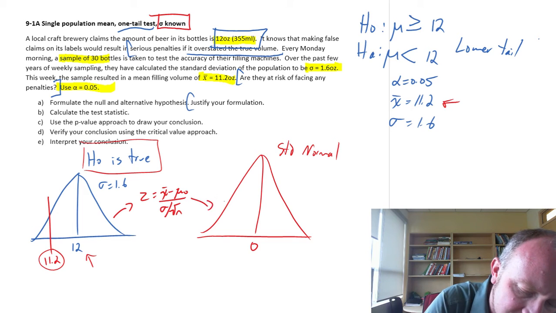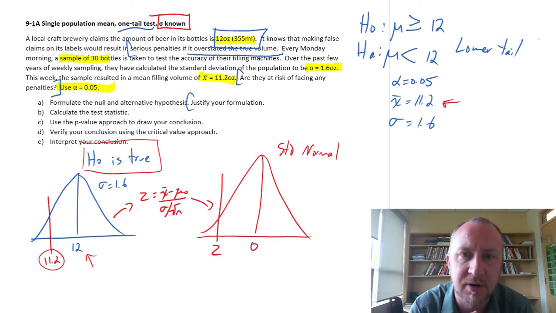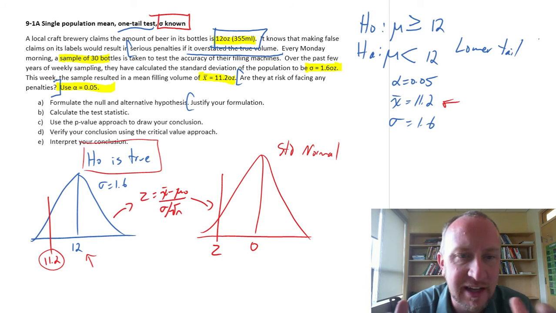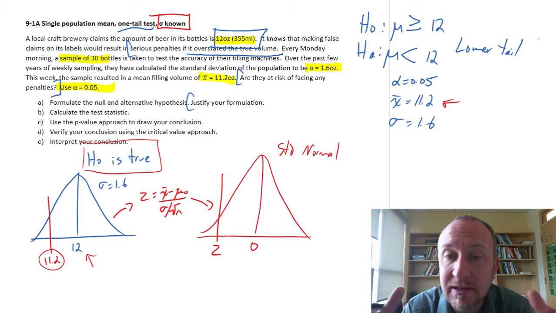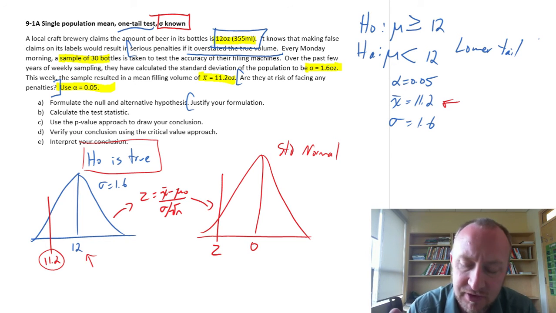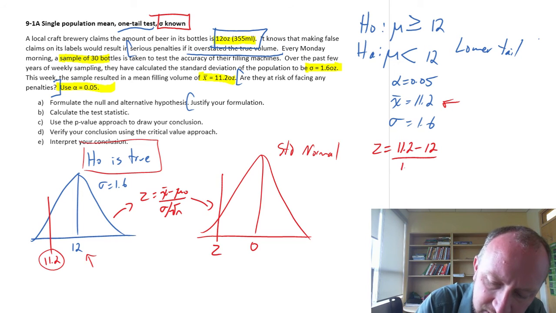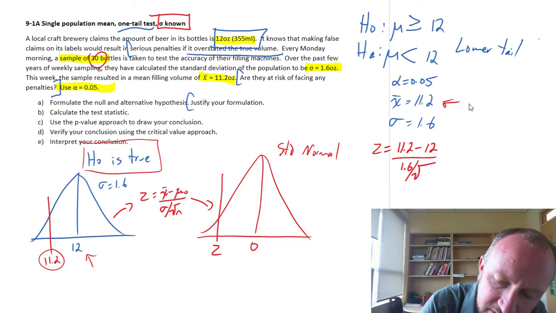With that, we can go to our z-tables and find a probability that corresponds with that sample mean. So I'll plug in our values, 11.2 minus 12 divided by 1.6 over the square root of, I didn't write down our sample size here. Our sample was 30.